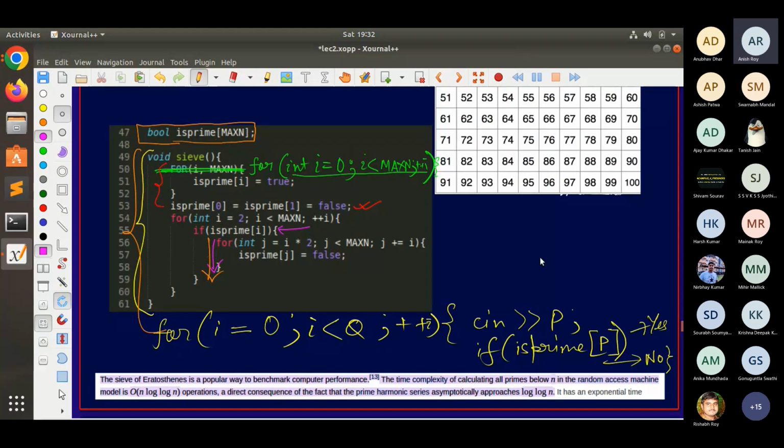Sir, any references for CP? For number theory. Okay. For the mathematics part of number theory, there is this book by David M. Burton, I guess.